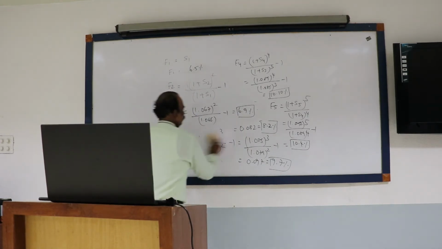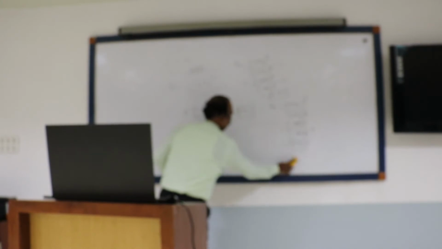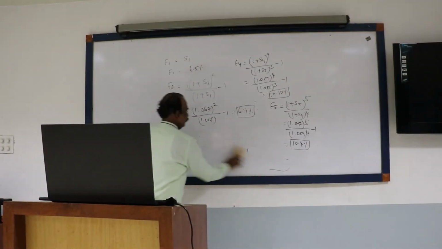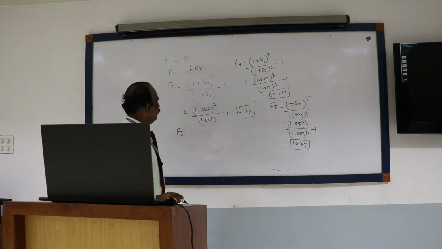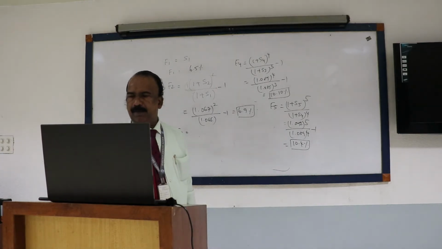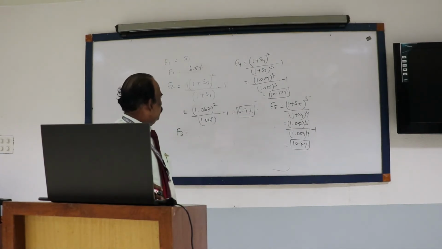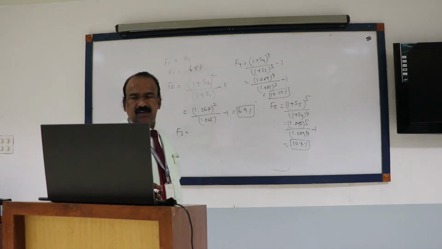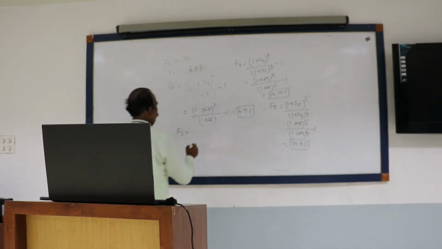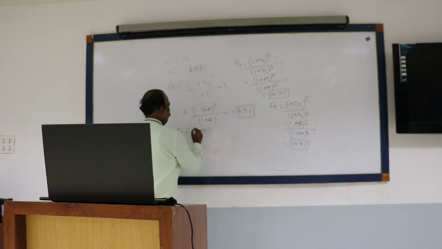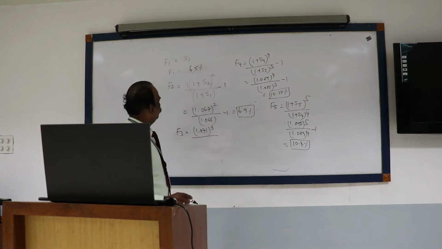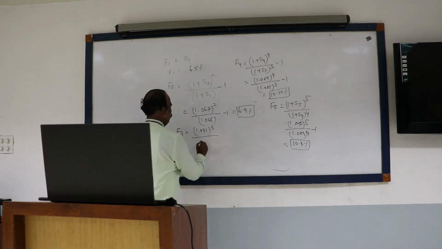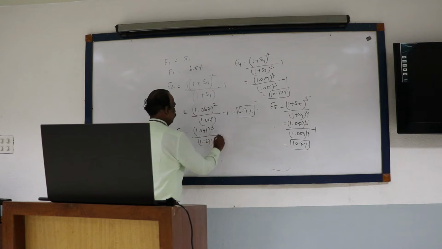Okay. The third year will be 1.071 power 3 whole divided by 1.067 power 2 minus 1.